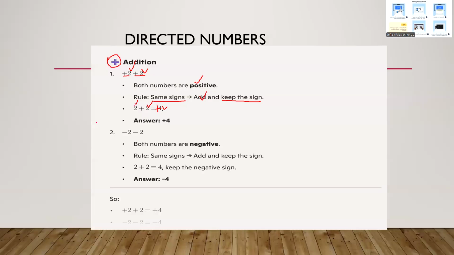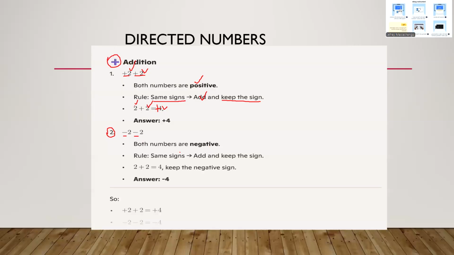Let me also continue with my recording. Question number 2. So we are saying signs are the same. Look at minus 2 minus 2. Both numbers are negative. Listen, get this one right. This is negative 2 and negative 2. Both numbers are negative.